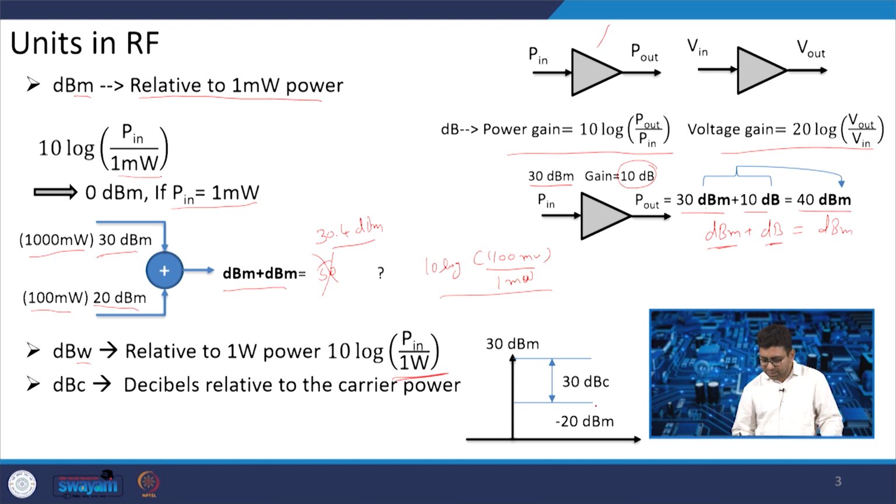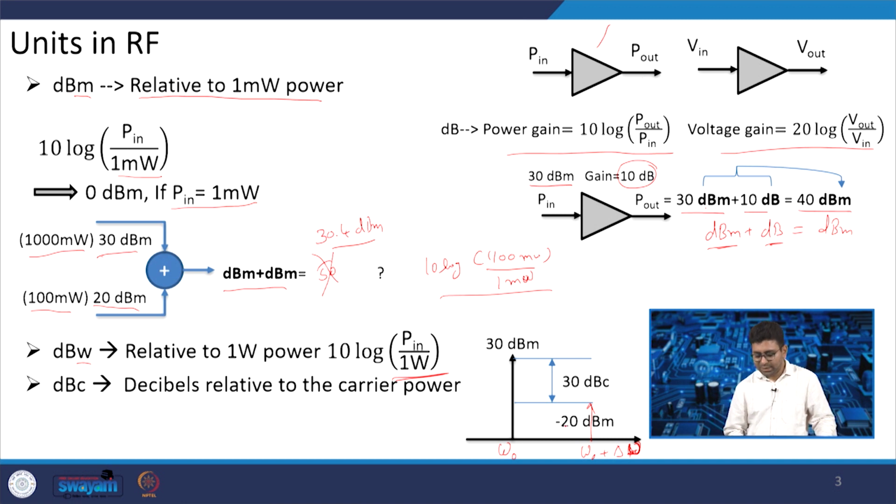Let us say I have a certain carrier here at omega naught, and then there is a desired signal lying somewhere here, at omega naught plus delta omega. At this frequency, there is some other carrier that we are interested in. So, this is the desired carrier and this carrier is just at omega naught.